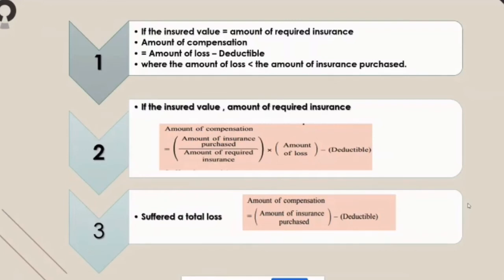The second is if the insured value is less than the amount of required insurance. These are the formulas of the calculations. And the third is suffering a total loss. The calculation is shown on the right hand side.